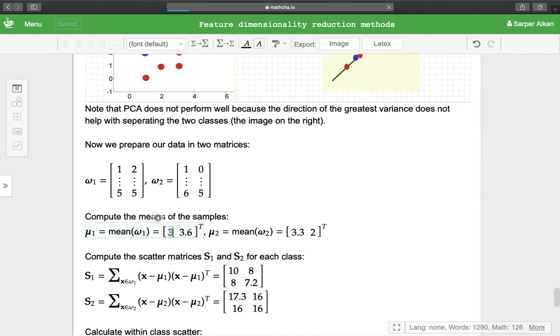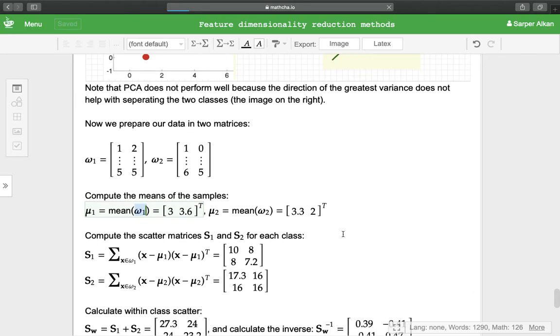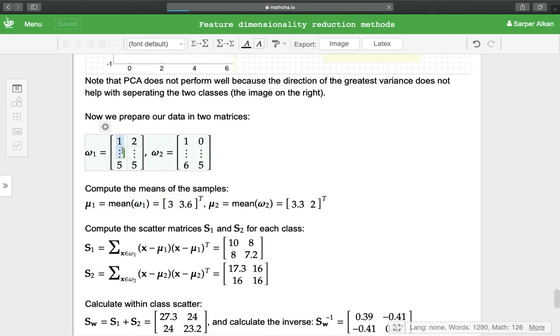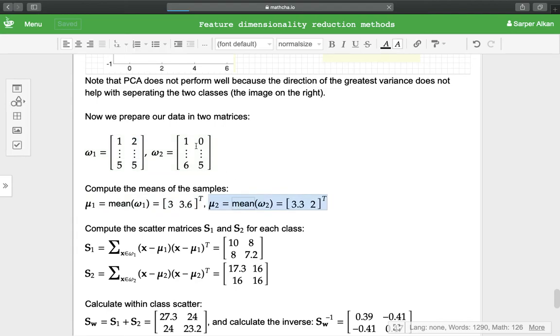And we get the mean of the first class as 3 and 3.6, and we get the mean of the second class as 3.3 and 2. So we get the mean of this column here. Similarly, for the second class, we use samples from the second class.